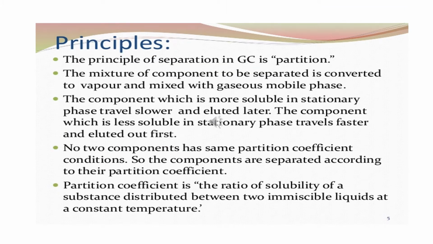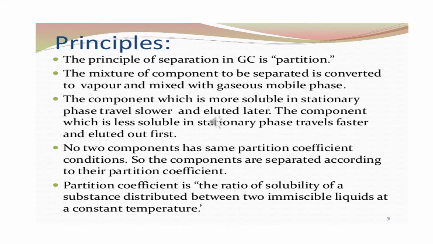Principle. The principle of separation in GC is partition. The mixture of components to be separated is converted to vapor and mixed with gaseous mobile phase. The component which is more soluble in stationary phase travels slower and is eluted later, and the component which is less soluble in stationary phase travels faster and is eluted out first.